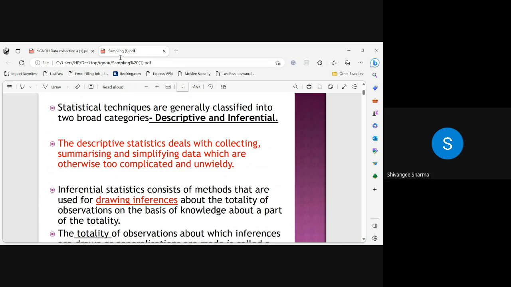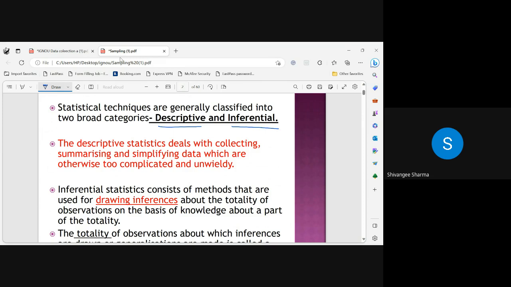Okay. So statistical techniques are generally classified into two broad categories. The one is descriptive, and the other one is inferential. Descriptive is basically where you define the collected data, right? What is the characteristic of that particular collected data, which we have simplified in previous cases also.